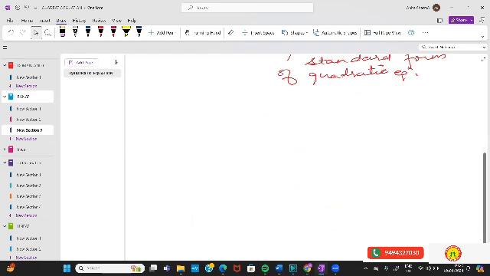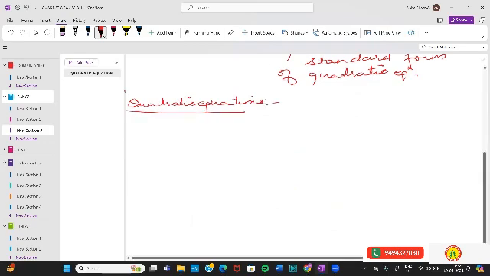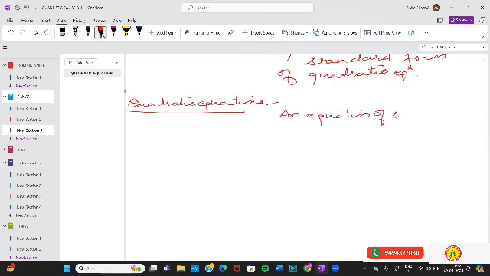So first of all, what do you mean by quadratic equation? A quadratic equation is an equation of the form ax square plus bx plus c is equal to 0, where a, b, c are real numbers.